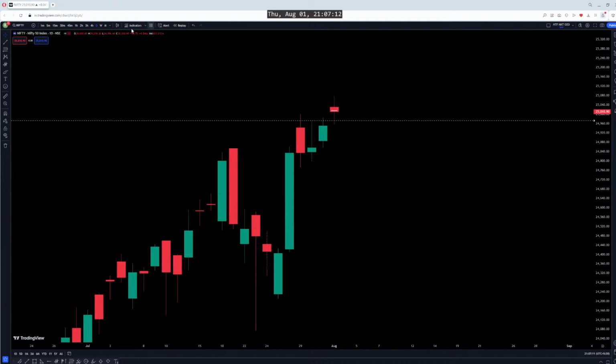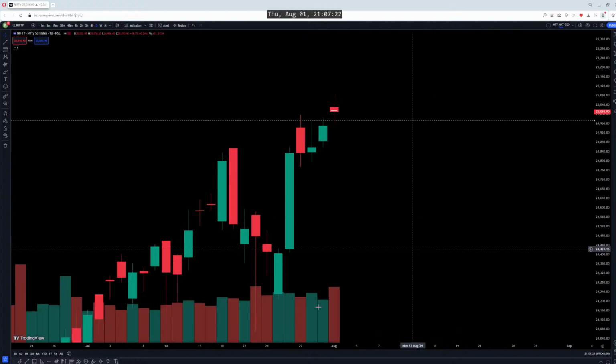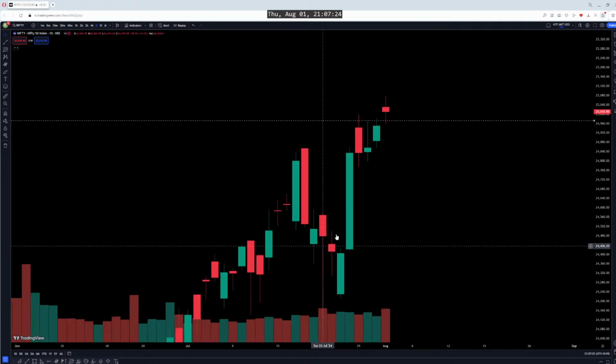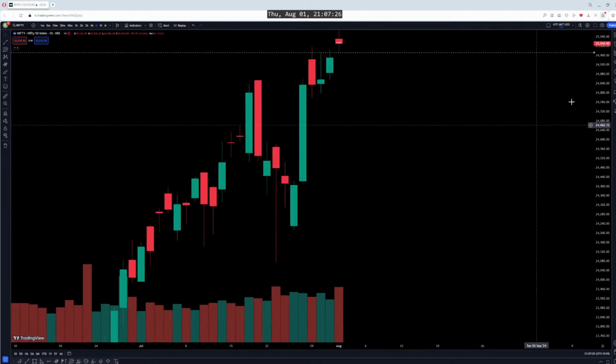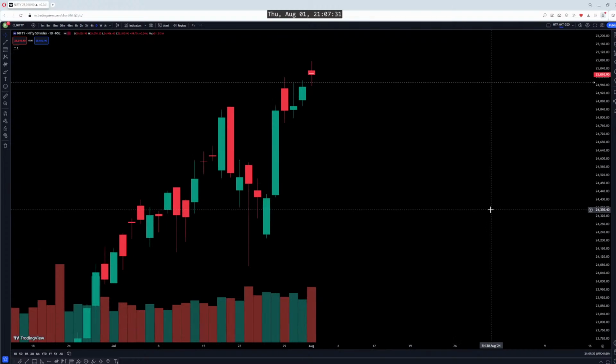Do I have volume here? Let me see. If I just put a volume for this candle, you'll see how interesting this is. Sometimes people may think that this is a very big candle.